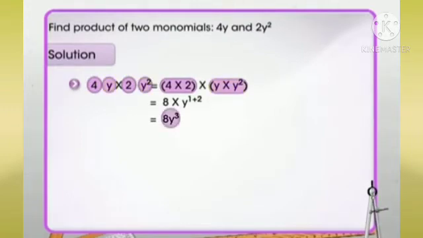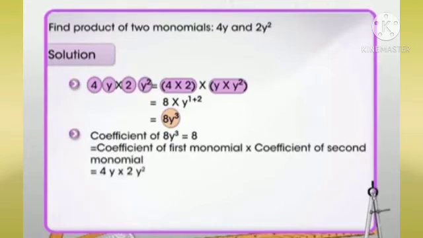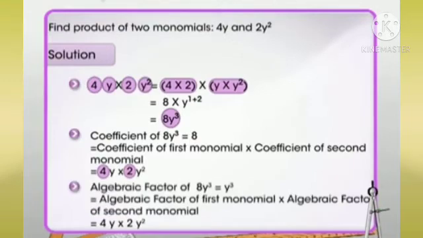So the product is 8y cube. Notice that the coefficient of the product monomial is the coefficient of the first monomial into the second monomial. And the algebraic factor is also equal to the algebraic factor of 4y into the algebraic factor of 2y square.